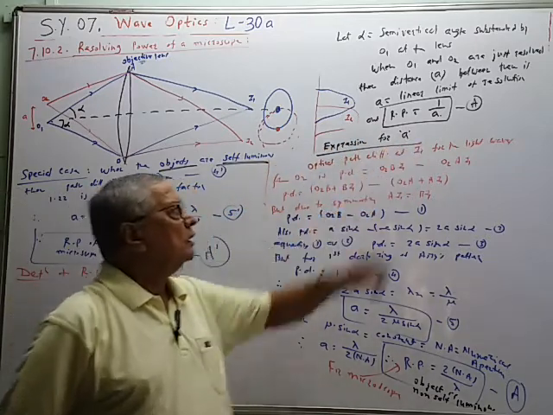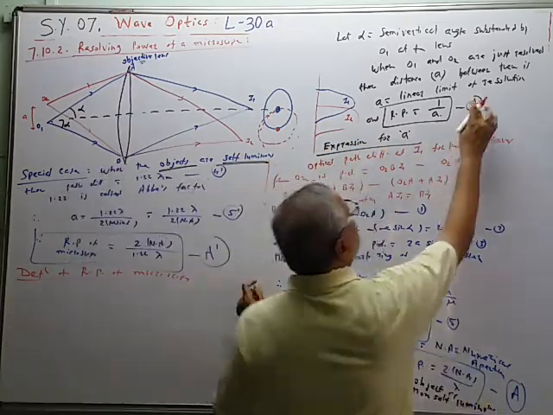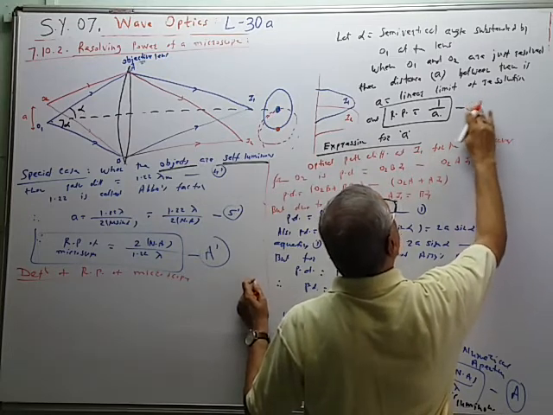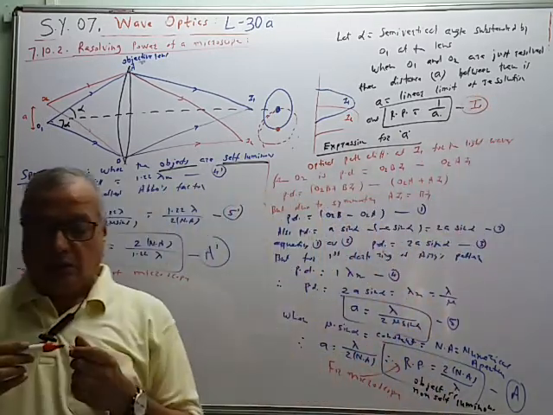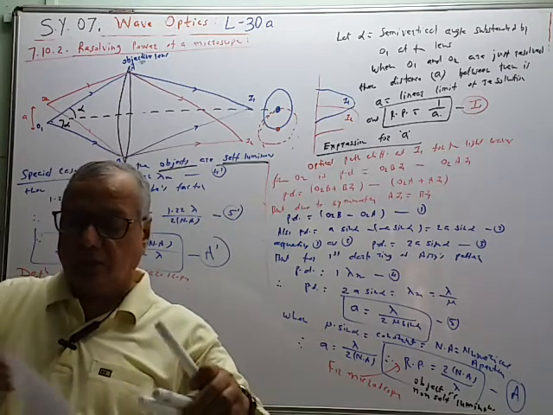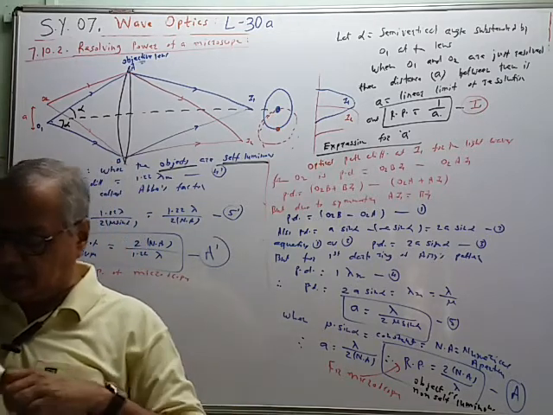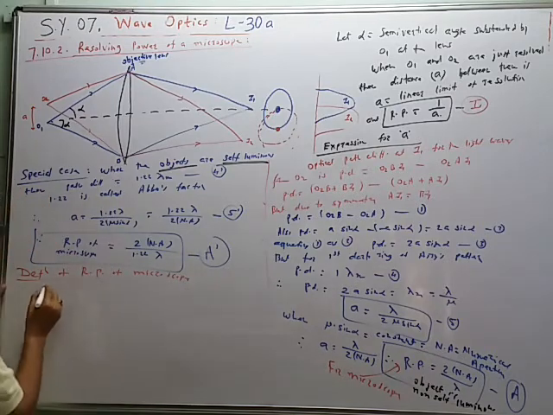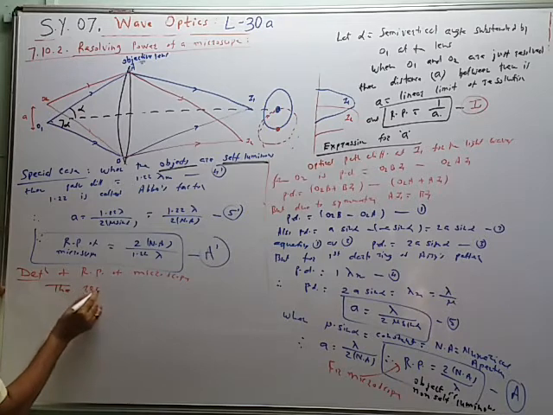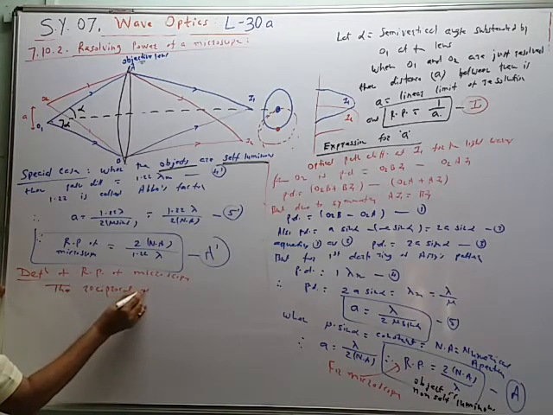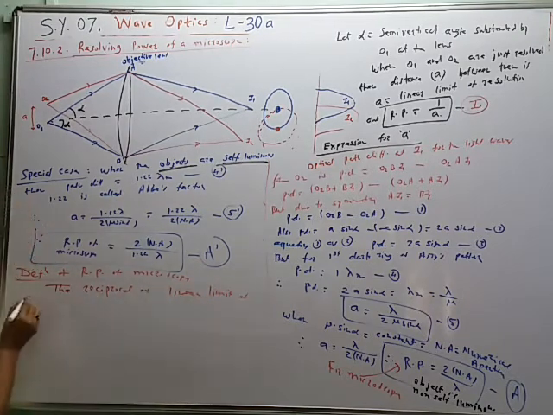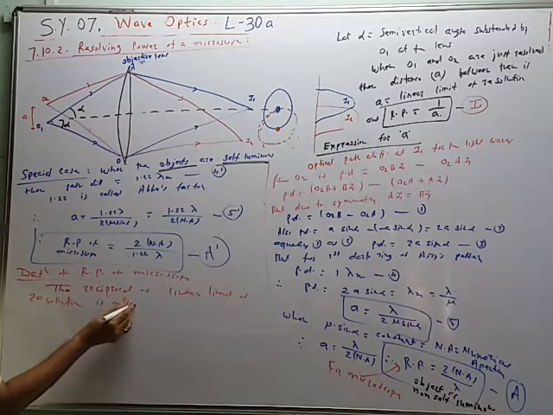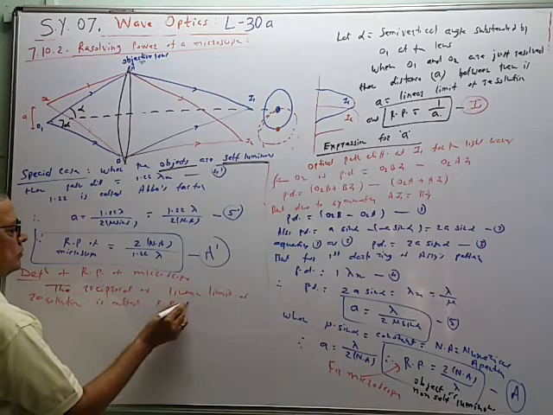The definition is: the reciprocal of the linear limit of resolution is called the resolving power of microscope.